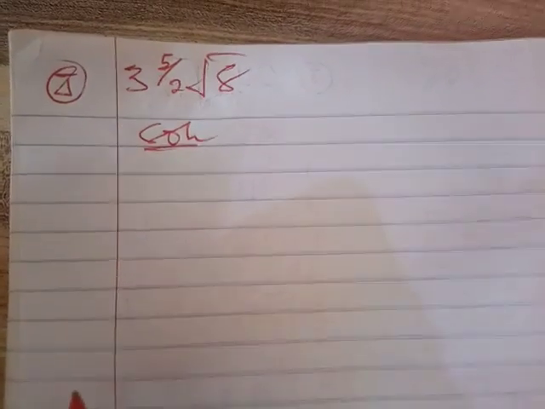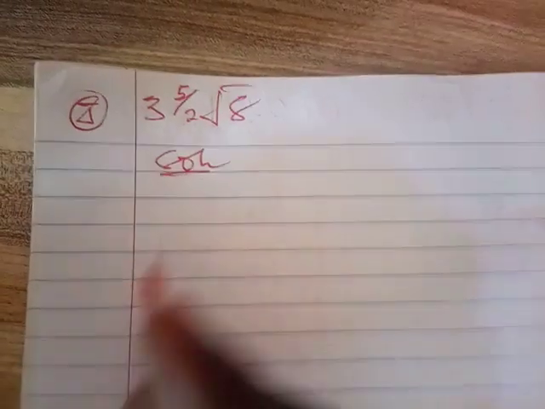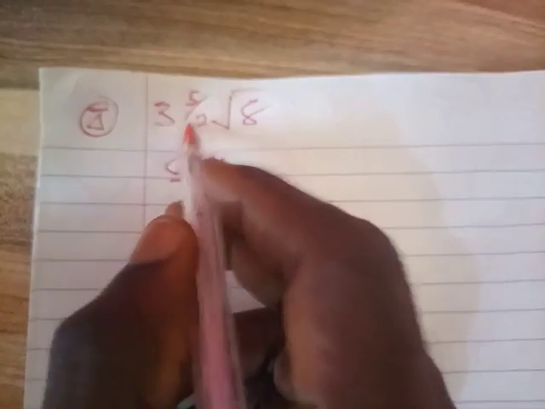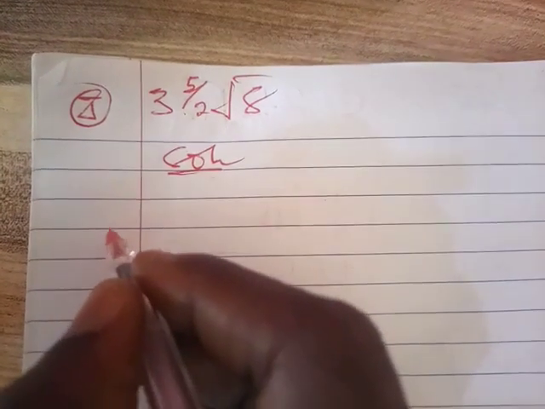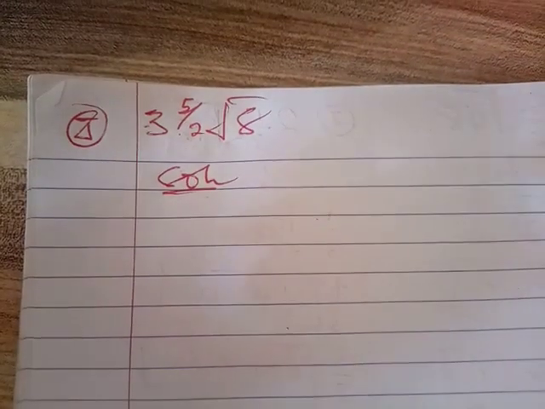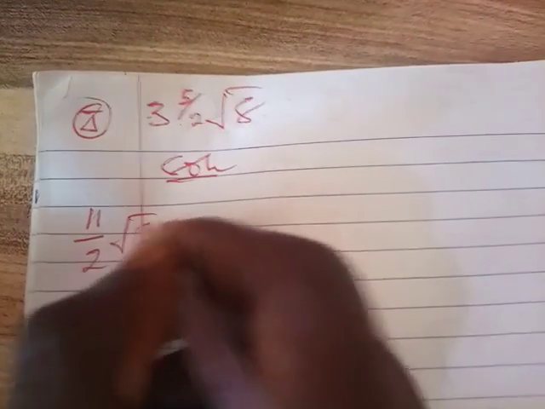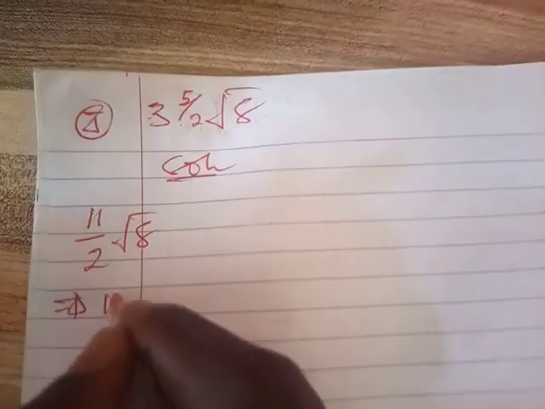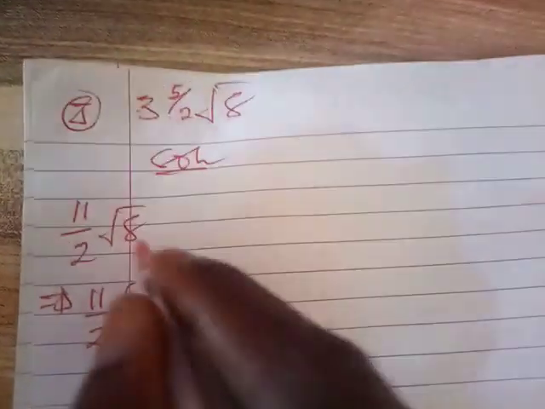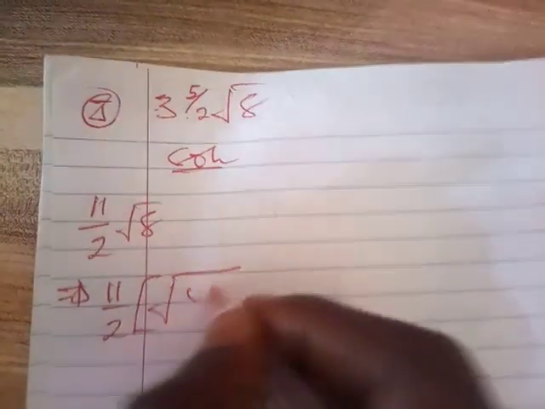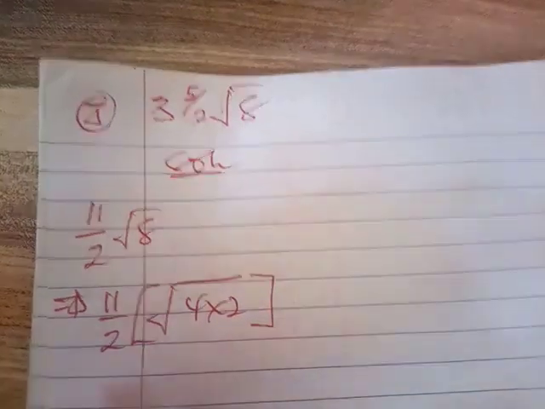It's 3 whole number 5 on 2 root 8. We have to simplify this. This is just a mixed number, change it to an improper fraction. So 2 times 3 is 6, 6 plus 5 is 11. So we have 11 over 2 root of 8. Root of 8 is the same as 4 times 2.